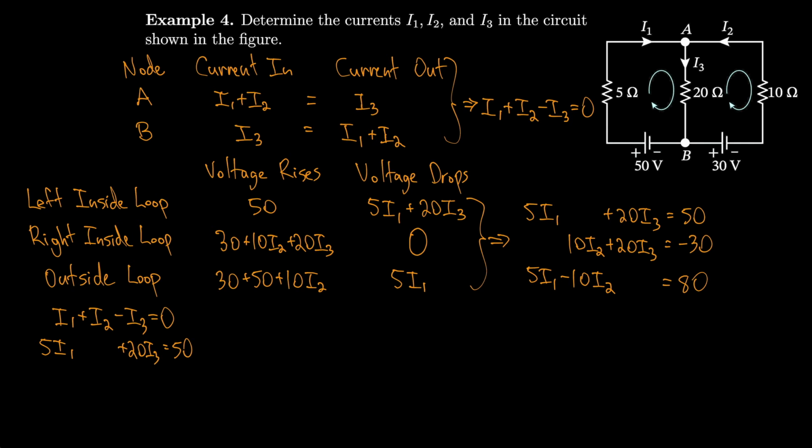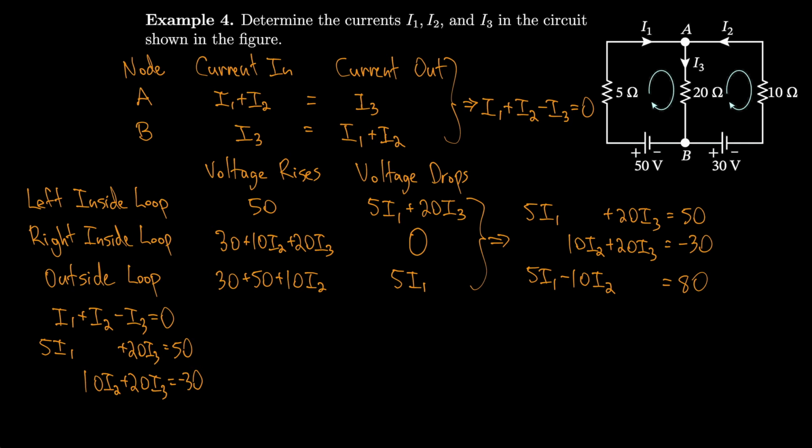And we've got 10I2 plus 20I3 equals negative 30. I'm not going to bother with this equation on the bottom because it's just the difference of the first two equations. If you take this minus this, you get the last equation, so it doesn't add anything to our system.